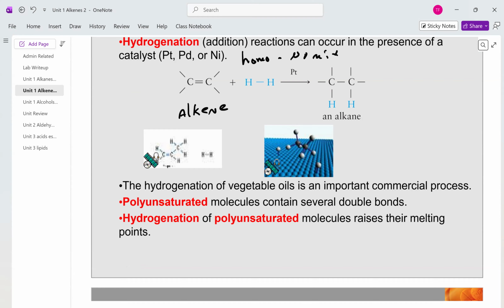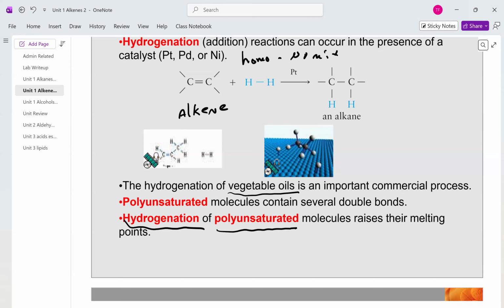Okay. Vegetable oils can be saturated and unsaturated. The unsaturated vegetable oils have a lot of double bonds in them, from 1 to 6 double bonds. Those are called polyunsaturated. If you hydrogenate a polyunsaturated fat, you end up with a saturated fat.